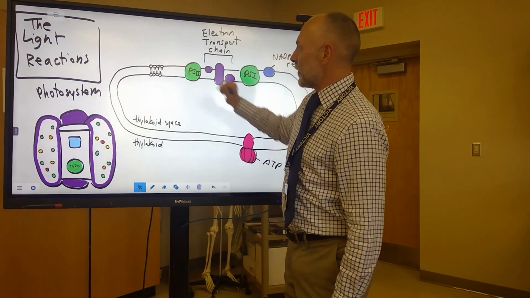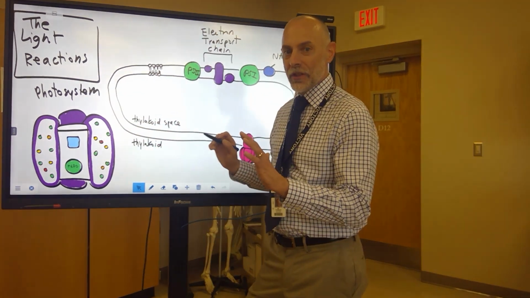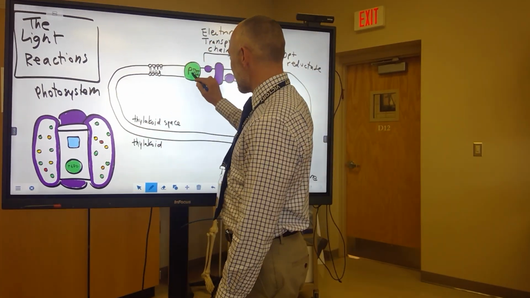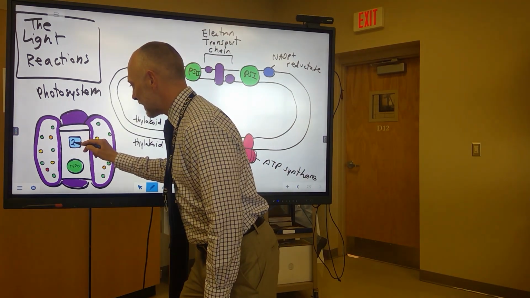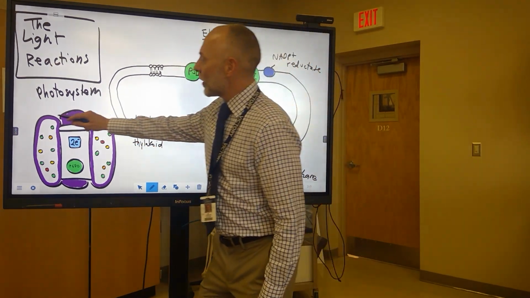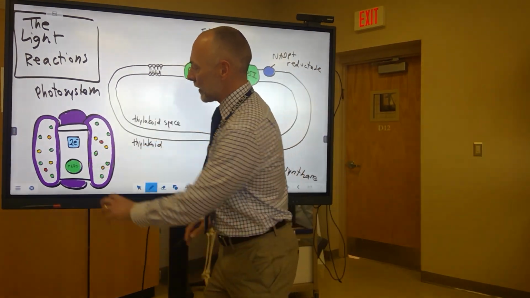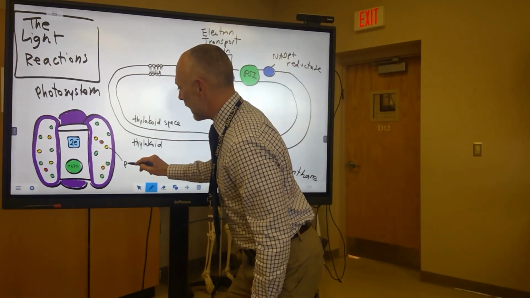Really quickly, before we move on to this picture, I want to look at one photosystem. Photosystem 2, and this is a picture of it, has a couple of major locations in it. In the very center of it is what we call the reaction center. There are 2 electrons in there. Over on the sides, there are 4 panels, and there's one in front that we've removed. There are all these pigment molecules.